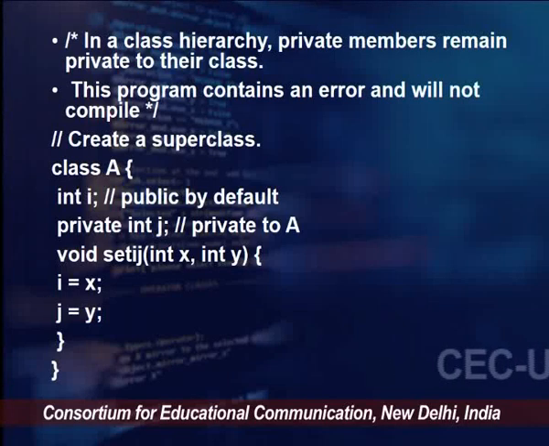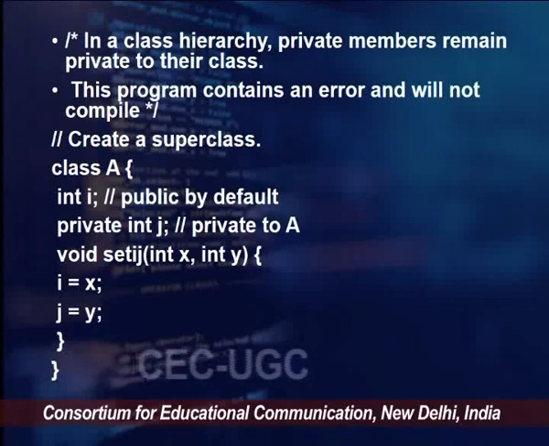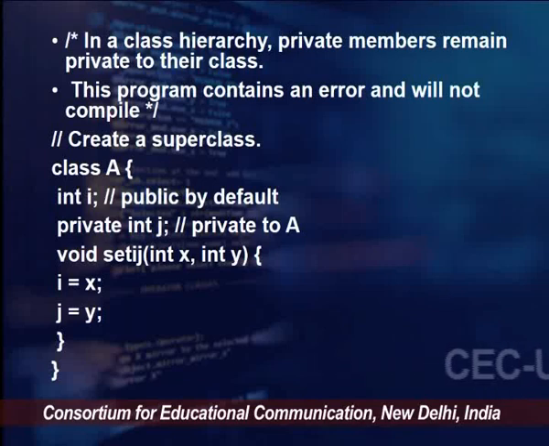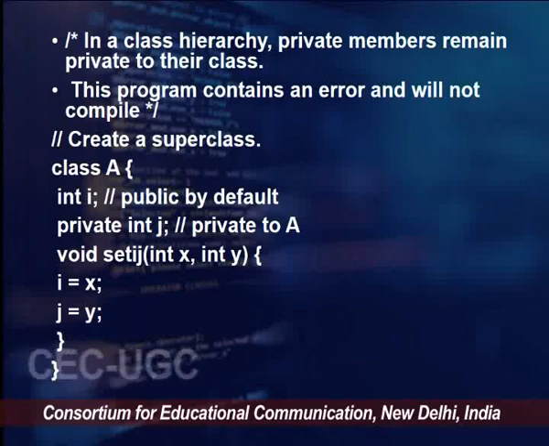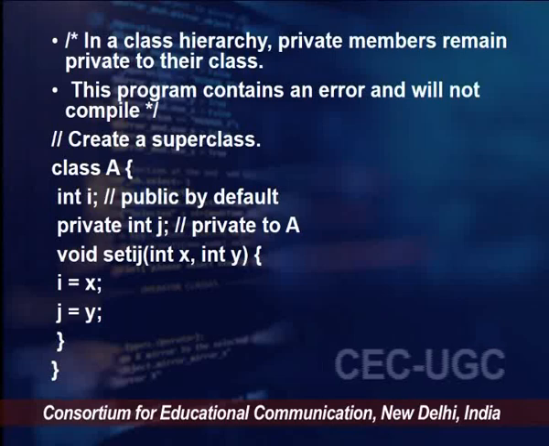So we have two members, one package private and the other private, and both are set to their values by the two parameters of the function set ij, which is done inside the function, where i is equal to x.